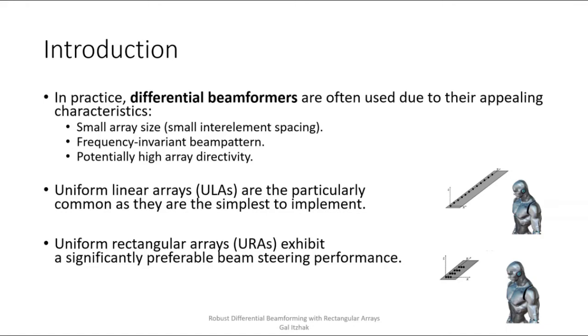They are constructed from evenly spaced microphones, which are very often omnidirectional. Uniform rectangular arrays, or URAs, may be seen as a generalization of ULAs constructed by stacking ULAs in parallel. They tend to exhibit a preferable beam steering performance with respect to ULAs. In this work, we focus on URAs.